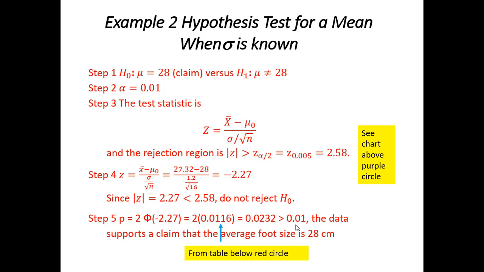So some sort of summary sentence here would be, the data supports a claim that the average foot size is 28 centimeters. But the p-value tells you just how close things are with respect to this conclusion.